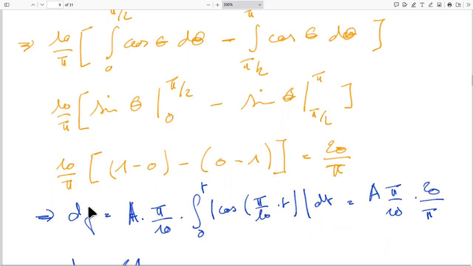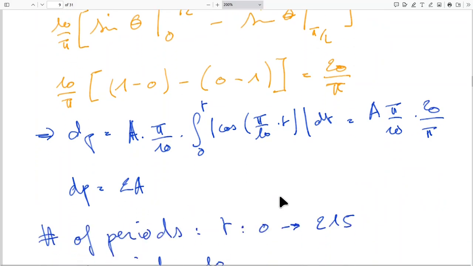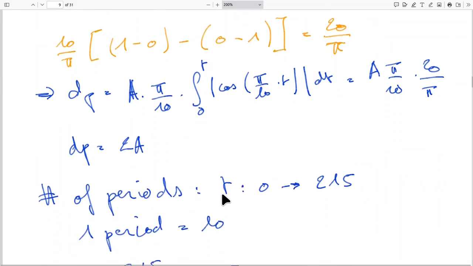So the distance for one period is a times π/10 times the integral that we just got. That's a times π/10 times 20/π. You can get rid of the π, and 20 over 10 is 2. So the distance traveled over a period is 2a. How many periods do we have? Well, we have t from 0 to 215.